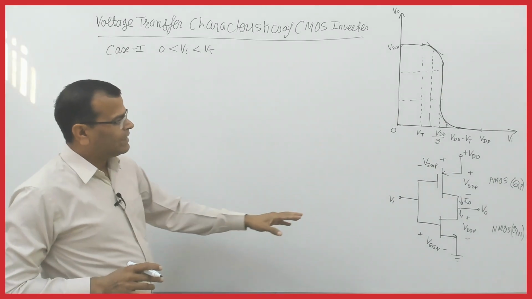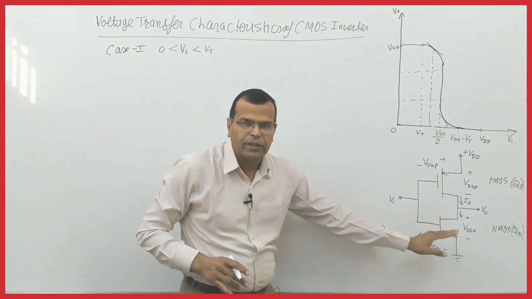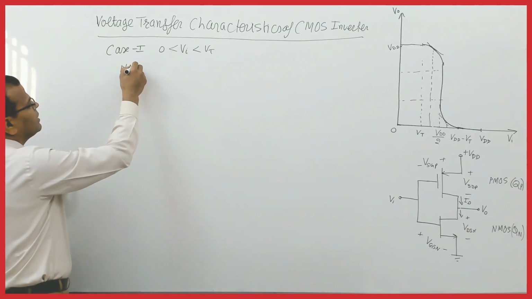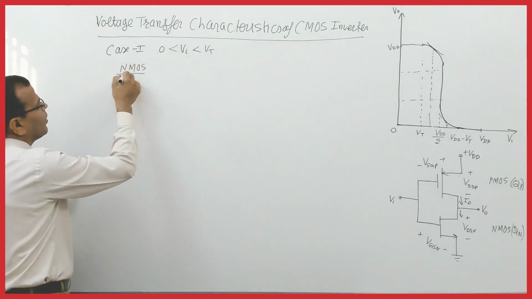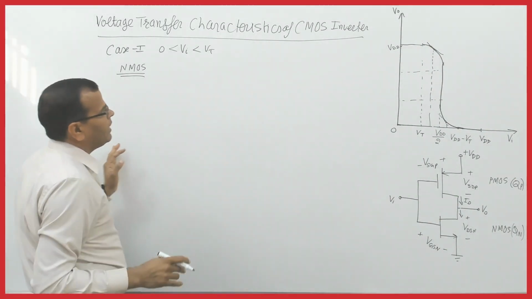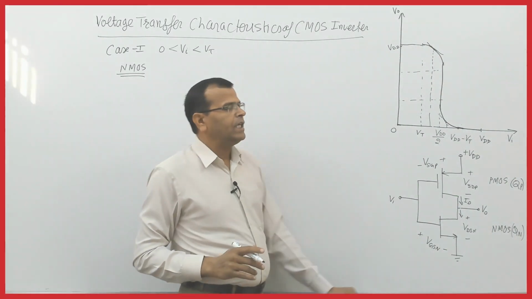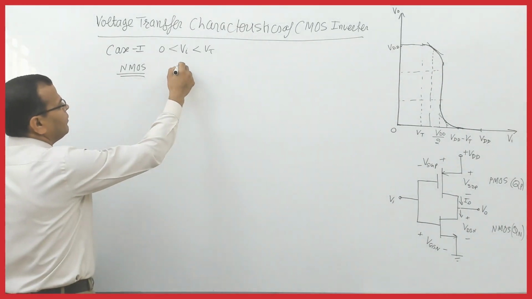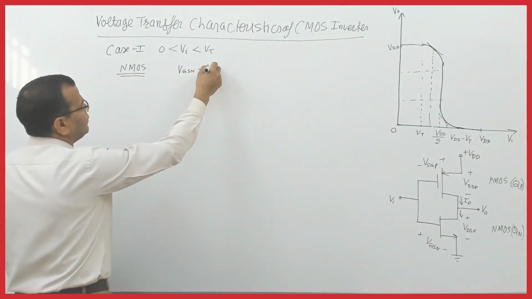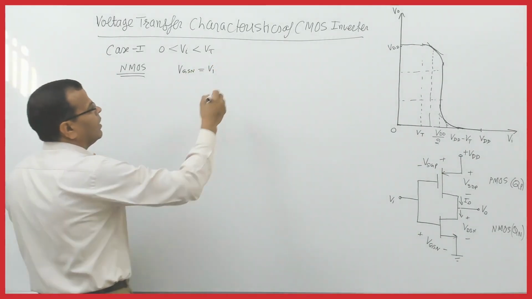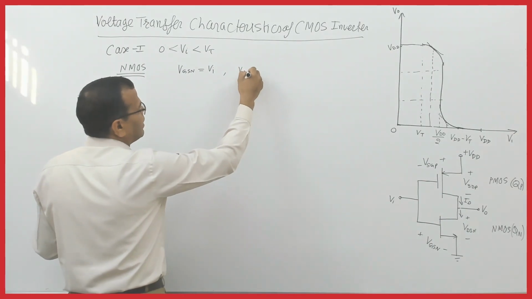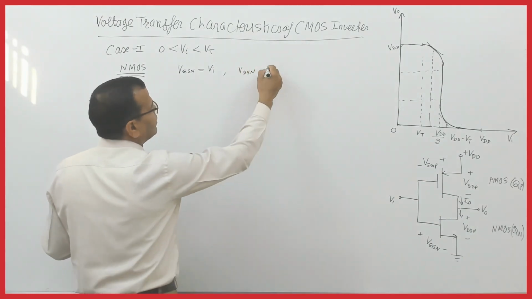Now, let us see the operation of this. Let us see NMOS, the behavior of NMOS. I will write the expressions of VGSN. What is VGSN for NMOS? VGSN for NMOS is Vi, right? And VDSN is nothing but V naught.